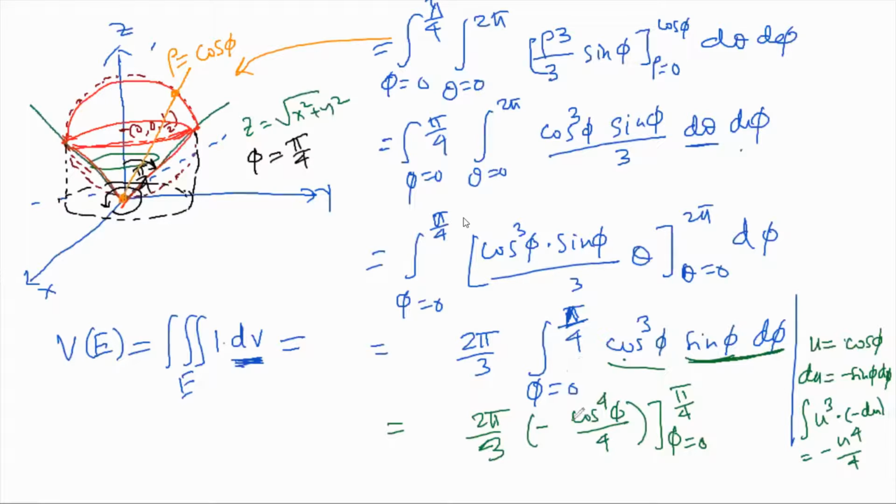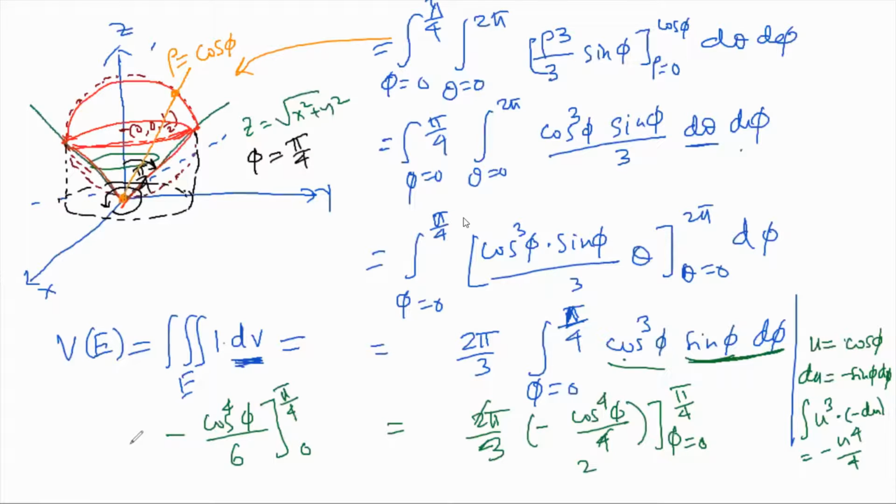These 2 and these 2 cancel, so it becomes negative cosine to the 4 over 6, and then you go from 0 to pi over 4.